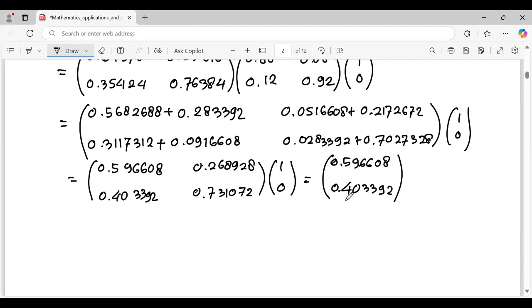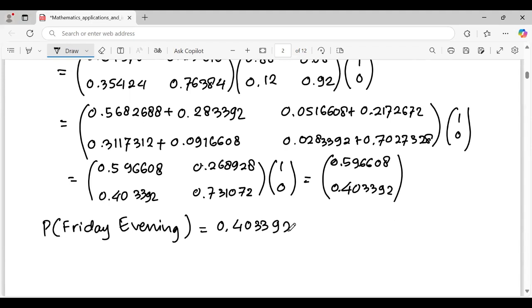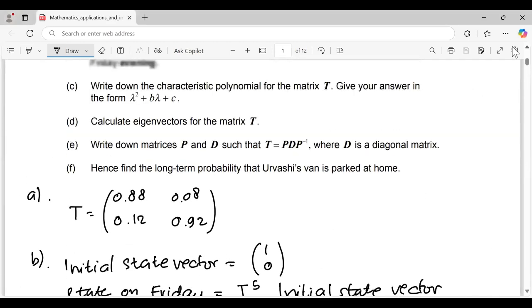Recall that this is for at home, the second entry. So the probability on Friday evening equals 0.403392. Rounded off, it becomes 0.403.